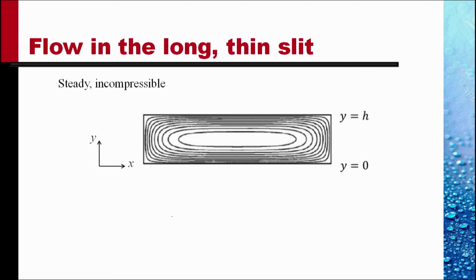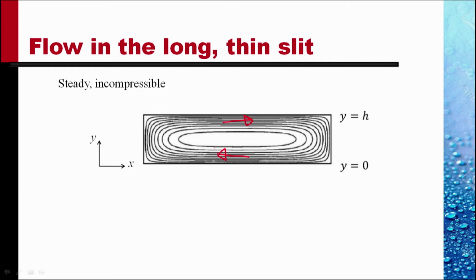If we look at the cross section of the cavity, the thin long slit, the fluid would be moving like this. The fluid in the upper part would be moving towards the right, and fluid through the lower part would be moving towards the left.